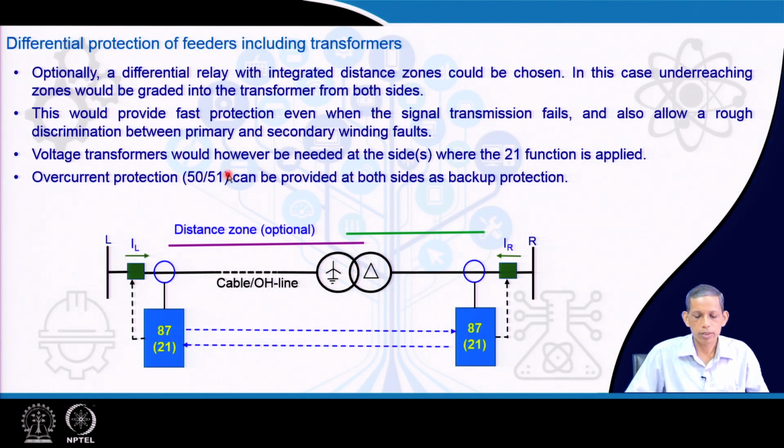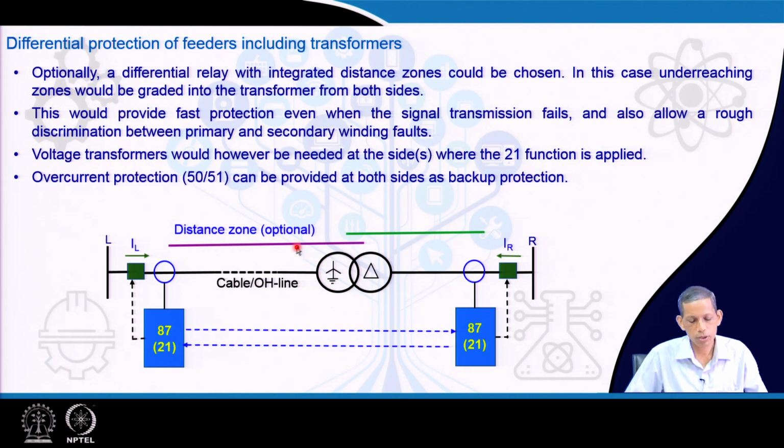Now, here also we can include distance supplementation, like what we talked about in the earlier application. Sometimes a differential is integrated with distance zones, and in that case an underreaching zone would be graded.